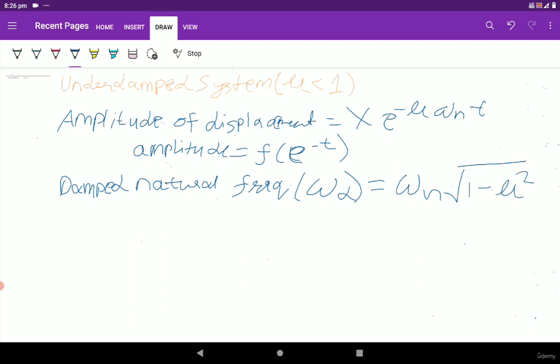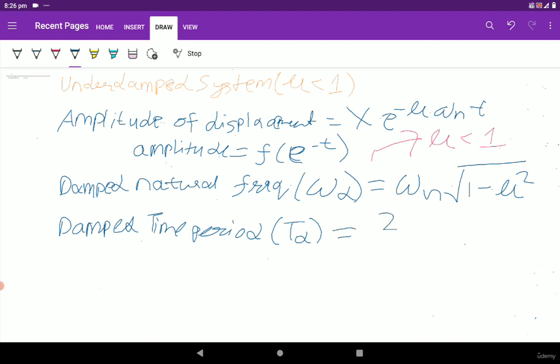So it is valid in the case of when the damping factor is less than 1. Now let's calculate the damped time period. So damped time period, that is TD, is equal to 2 pi by damped natural frequency, that is omega d.